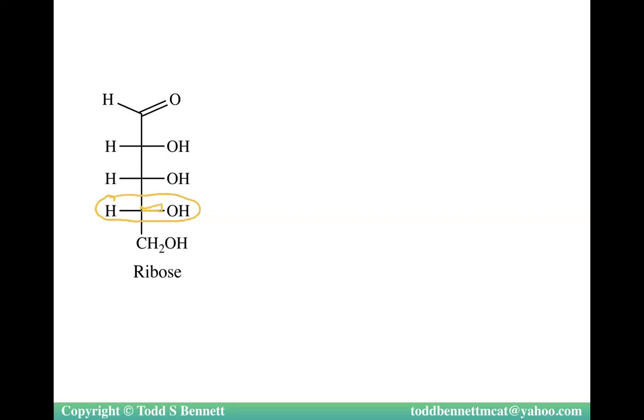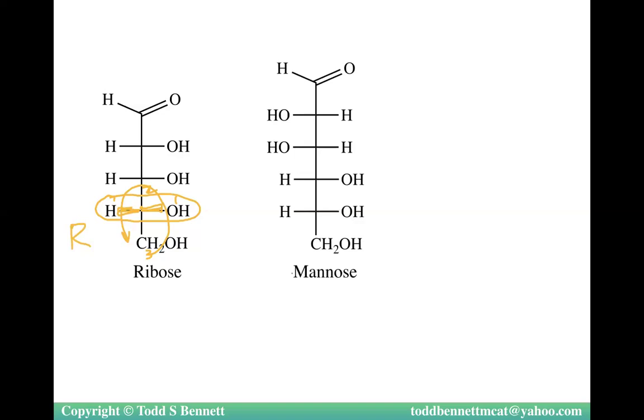Remember, these are bow ties. H is coming out, so I'm going to take the opposite. Priority 1 is the O, 2 is the side that goes to the carbonyl, 3 is down here. So counterclockwise, because H is in front, this is R. You're either a doctor or you lose.